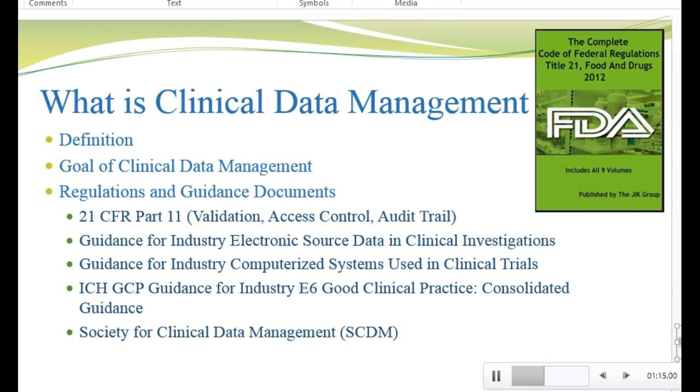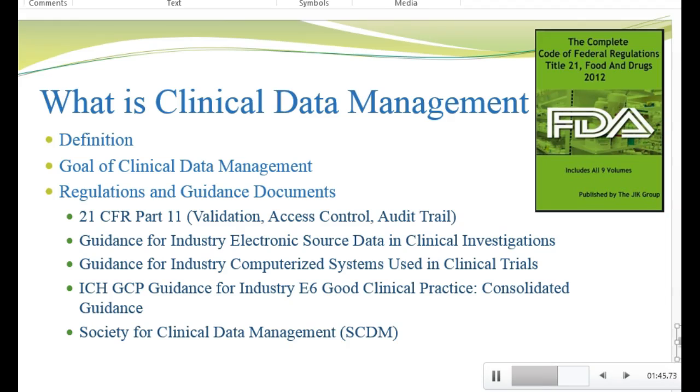This documents FDA regulations governing electronic data records and electronic signatures. 21 Part 11 tells us that we have to validate databases to ensure they're accurate and reliable, that we have to control access to them, and that we have to have a computer-generated audit trail that documents the creation, modification, or deletion of electronic records. Now remember, 21 Part 11 is a regulation. This means compliance with it is required, not just suggested.